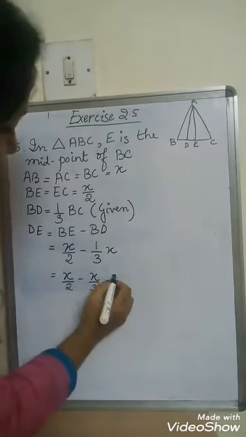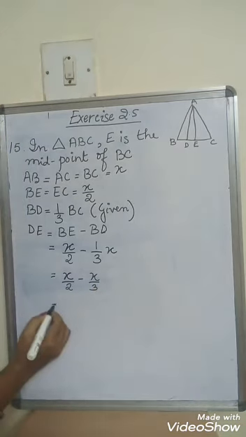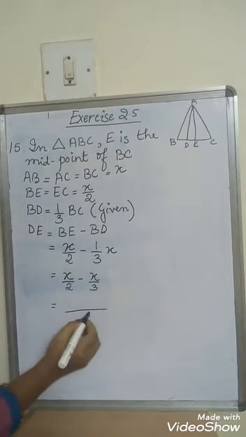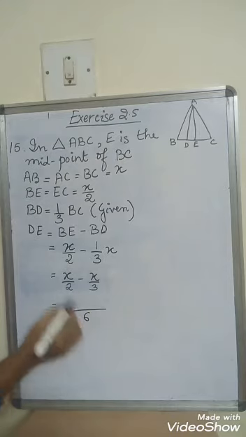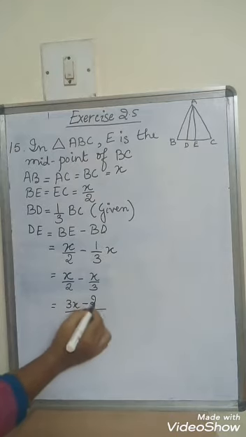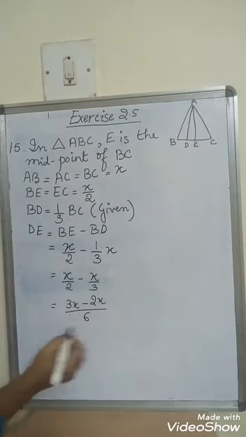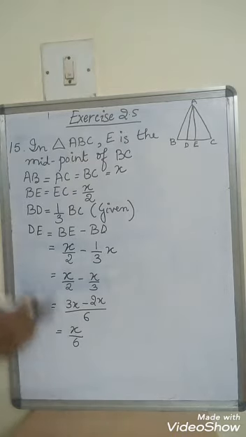When we solve it, the LCM is 6, so here 3X by 6 and here 2X by 6. So your answer is X by 6.